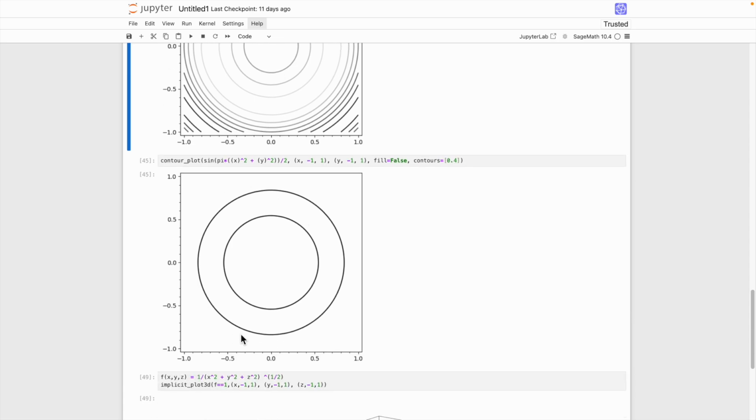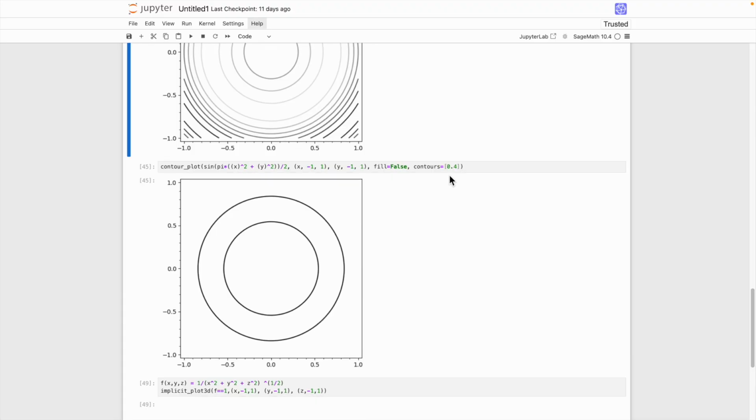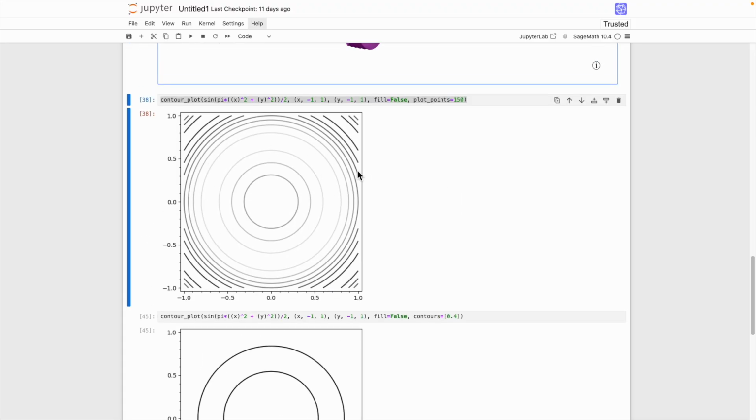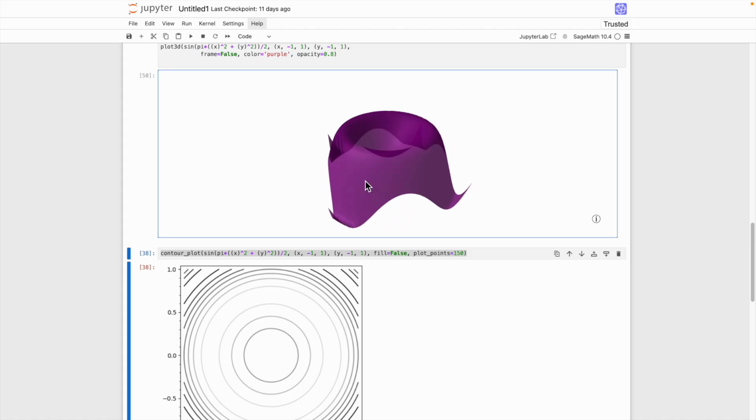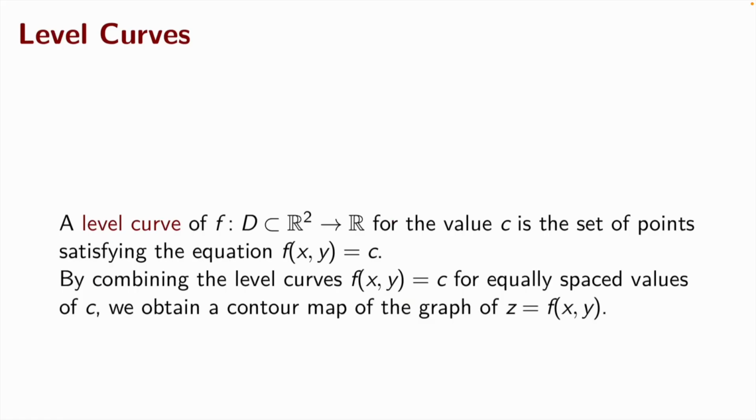So here we have an individual level curve for the value of z 0.4, and here we have many level curves, the result of intersecting this surface with horizontal planes at different heights. When we combine all the different level curves for different values of c, what we obtain is what is called a contour map of this graph.